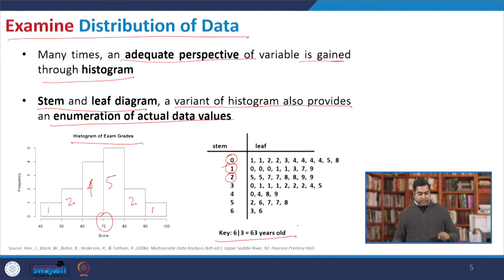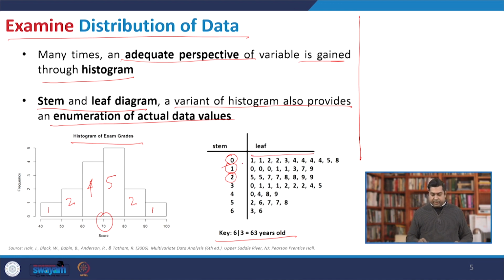So, for that distribution, say I have the age group 0 up to 9, then you count from 10 to 19 and then maybe 20 to 29, like that. All these numbers in the leaf are nothing but the individual values.